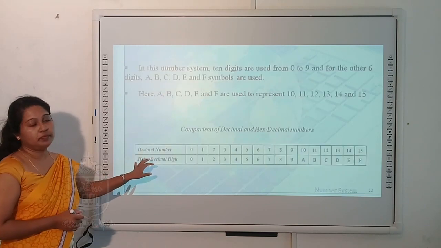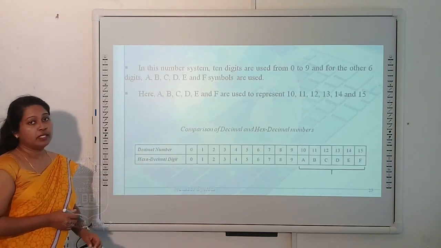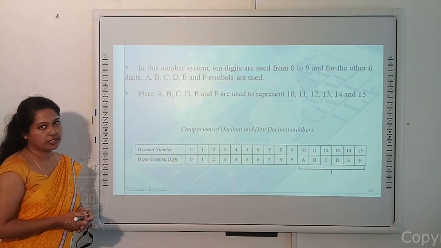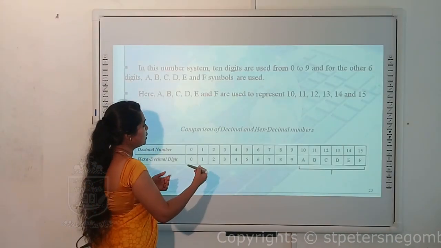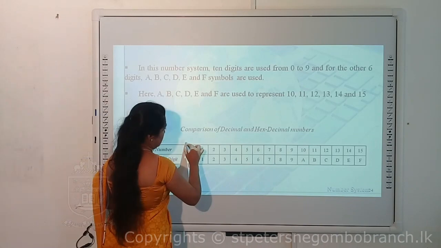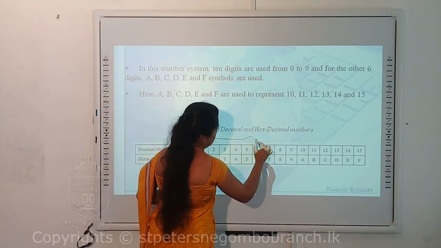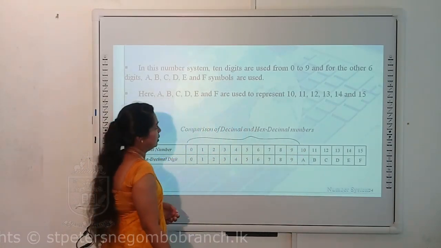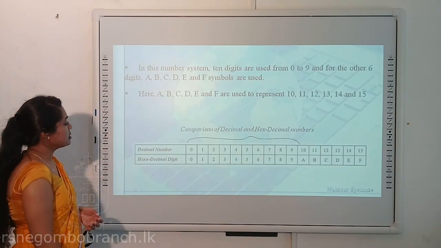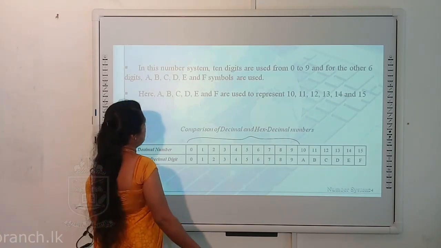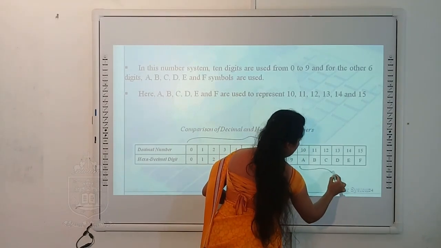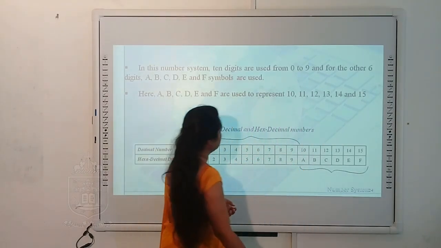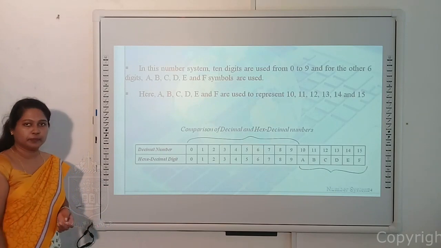This number system consists of 16 digits. In this number system, 10 digits are used from 0 to 9. Then for the other 6 digits, A to F symbols are used.